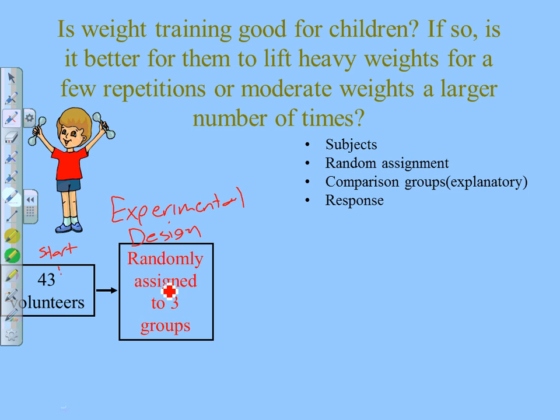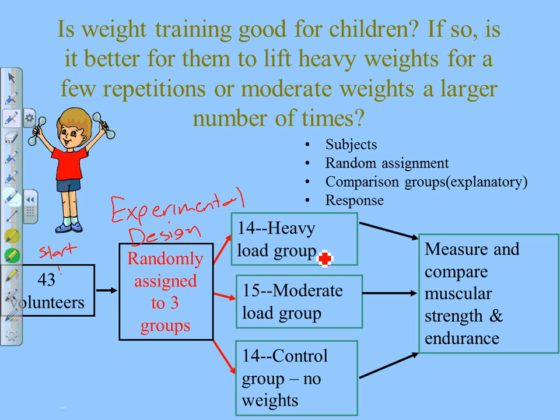Then I do not have to include this box when I'm creating a design, but what is being shown is I'm going to randomly assign them to 3 different groups. And then here are my groups, my treatment groups, which will measure my explanatory variables.